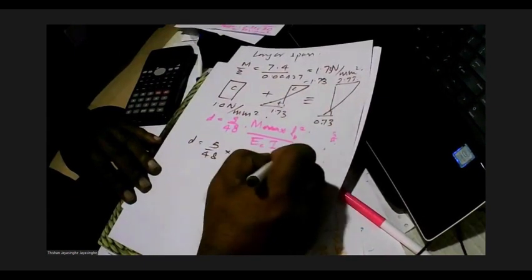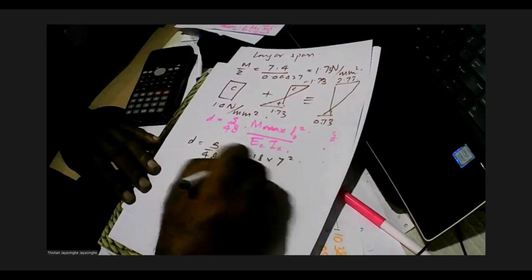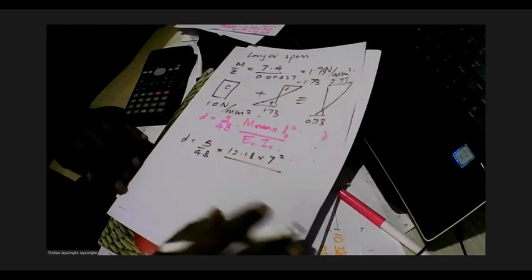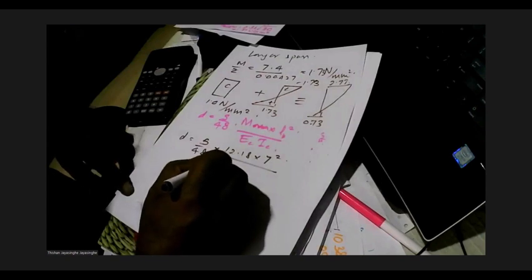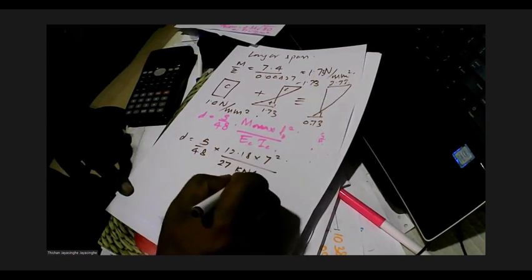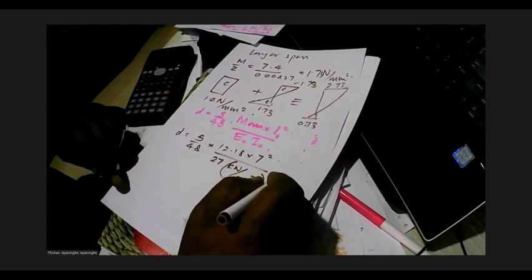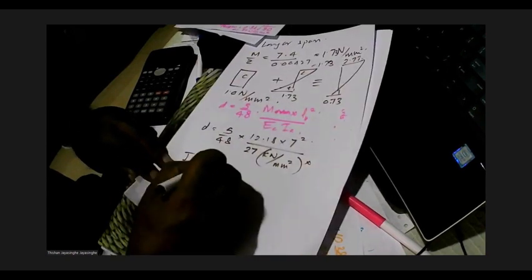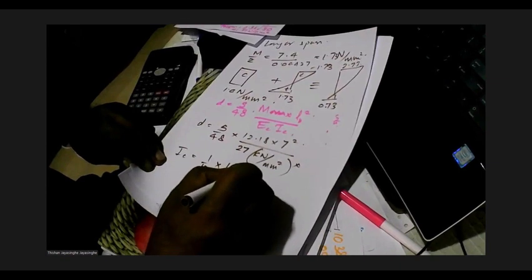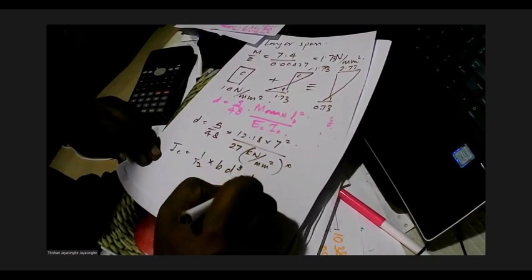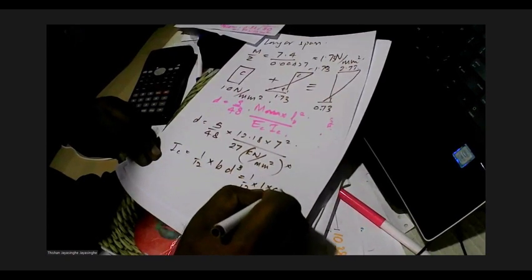So, D is equal to 5 over 48, maximum moment is 12.18, L_B squared, 7 squared, and the elastic modulus of 30 megapascal concrete can be about 27 kilonewtons per millimeter squared multiplied by I_c, which is 1/12 B H cubed, 1/12 into 1 into 0.16 cubed.